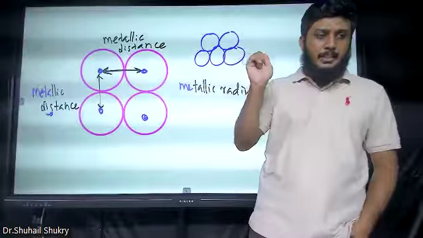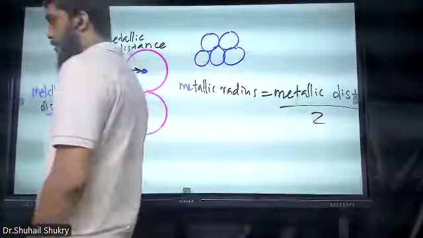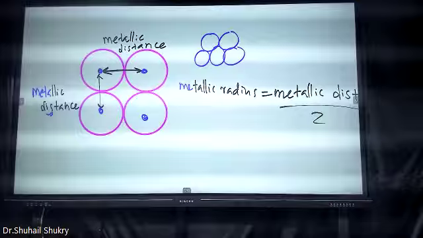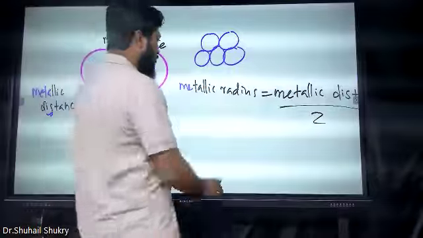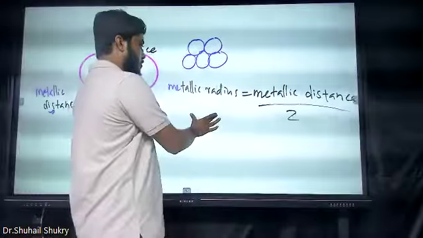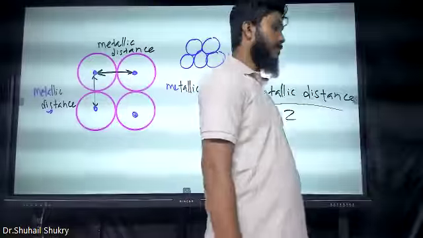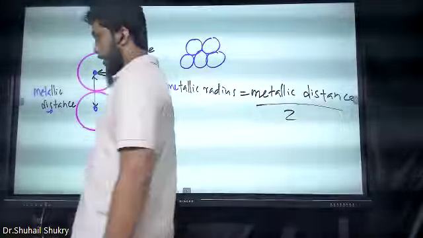Half of the metallic distance is the metallic radius.